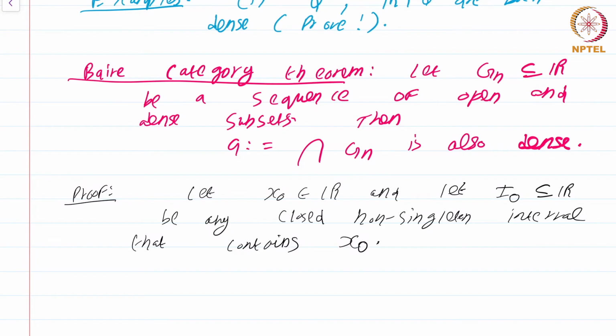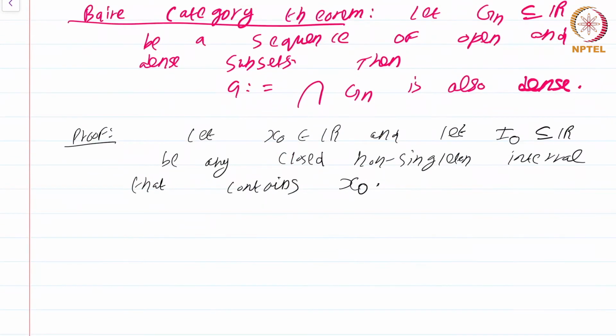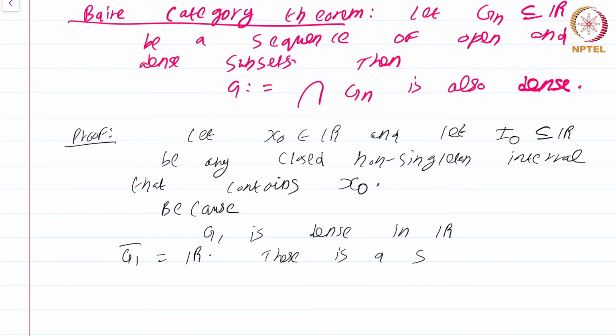Okay. Now, because G1 is dense in R, G1 closure is equal to R. This is the very definition. That means there is a sequence xn in G1. Let me not use xn, you will understand in a moment why. There is a sequence yn in G1 such that yn converges to x0.